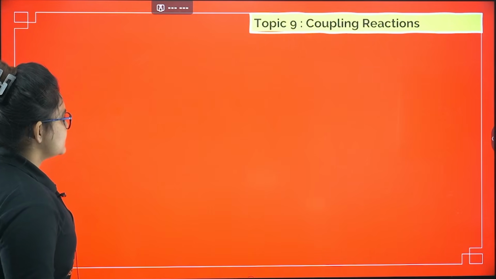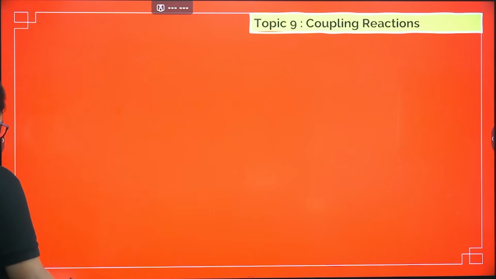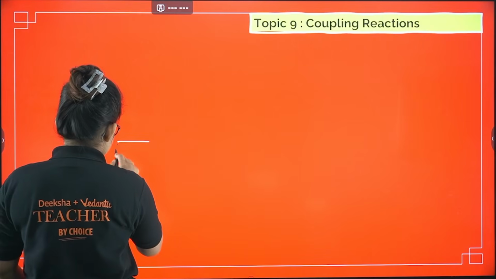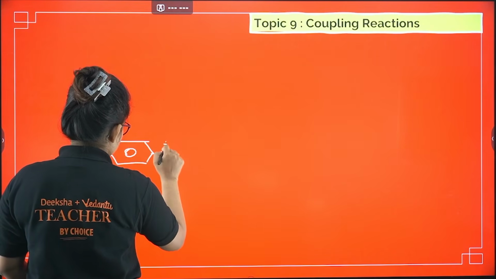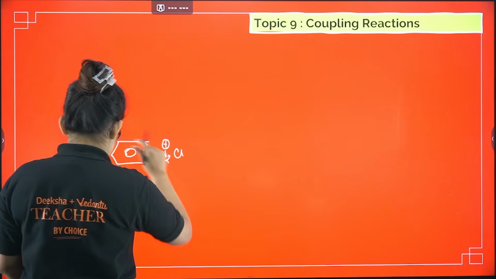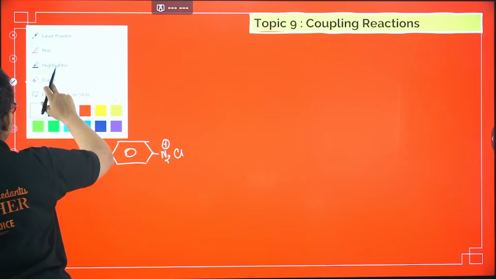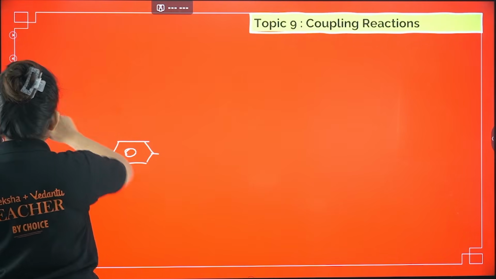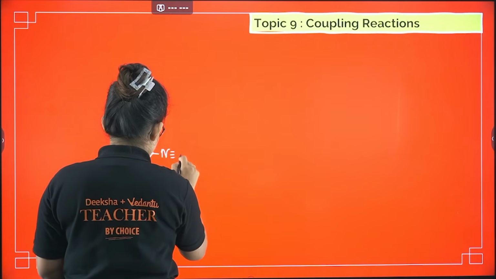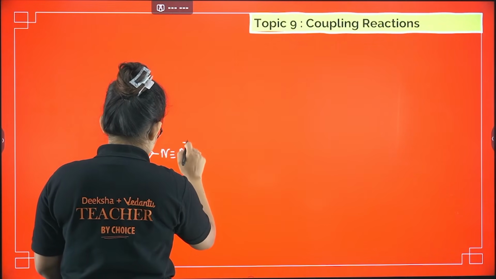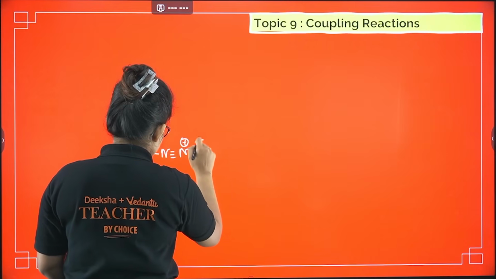Here we will discuss the coupling reaction. Let's go. So I am having, let's say, benzene diazonium chloride, N2+Cl-. Let me break this structure, then it will be easier for you. So I am having this Cl-.